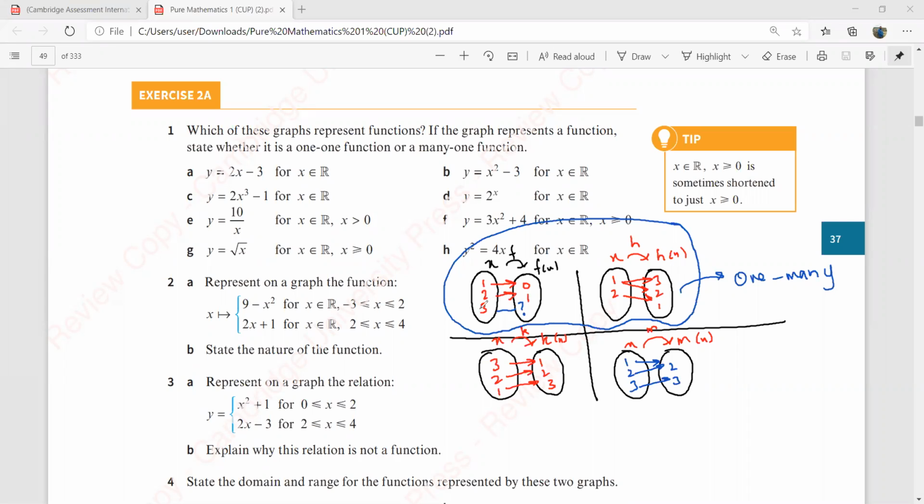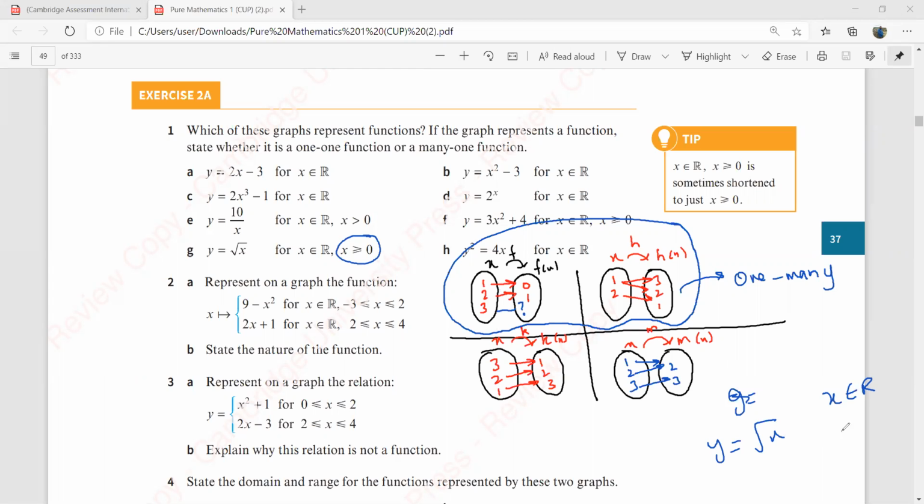For example, a very typical situation as you have in your G part: y equal to under root x, and the domain is all real values. Just ignore this positive thing over here for a minute.